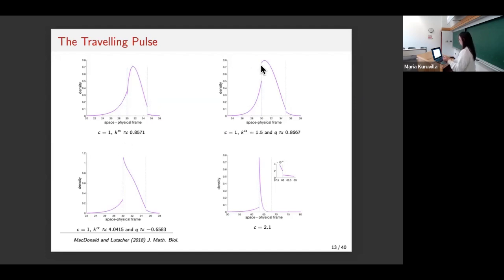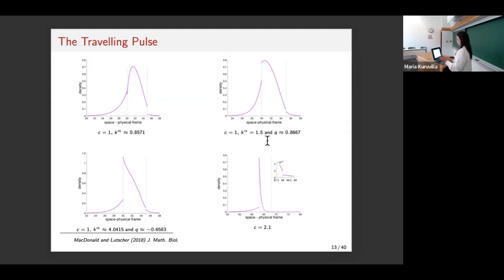It can take on a shape where the local maximum is on the interface and decreases inside the suitable habitat. And it depends on c, the jump coefficient, and this quantity Q. Whenever K alpha is less than 1, then your local max is always inside.